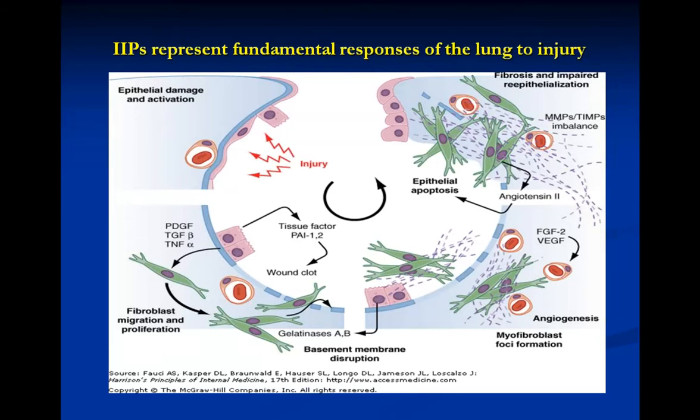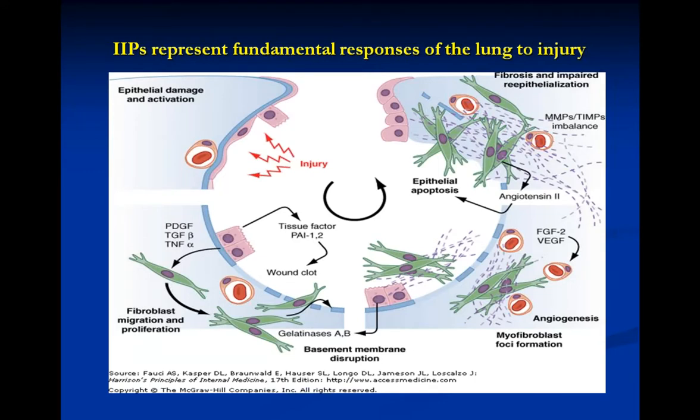Afterwards, plasminogen activator inhibitor 1 and 2 come into action. They play a very key role as modulators in the fibrinolytic pathway. It helps in the process of wound clot and healing of the wound.